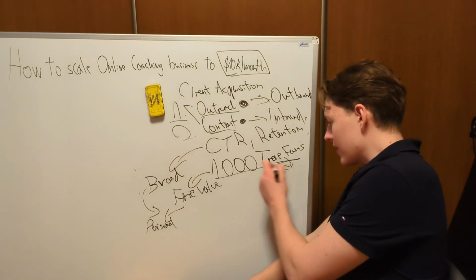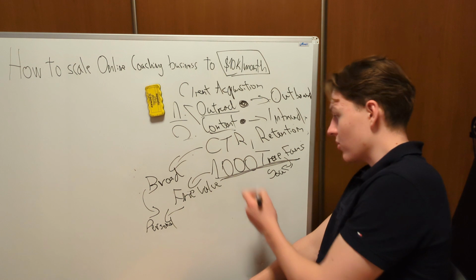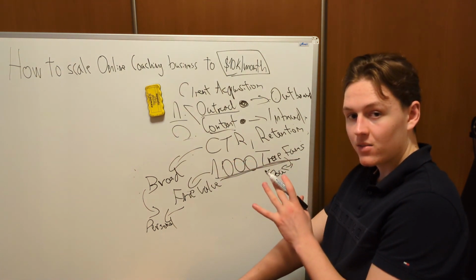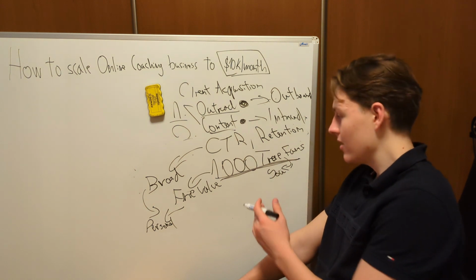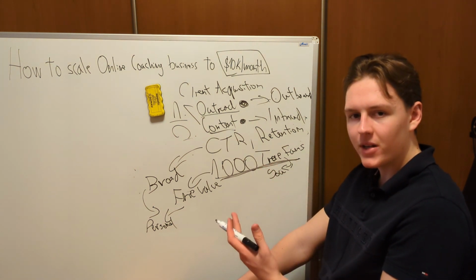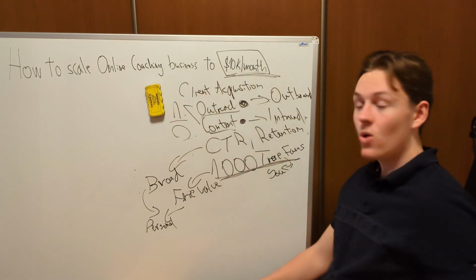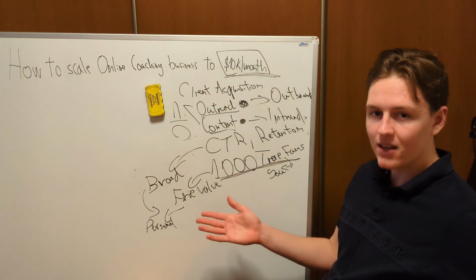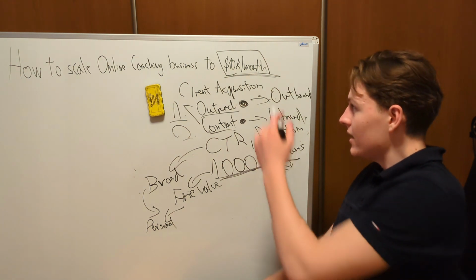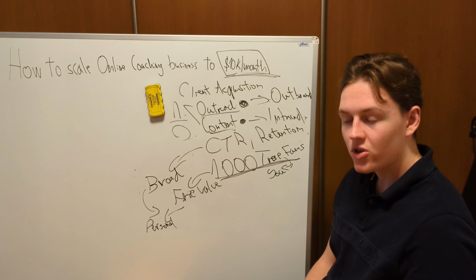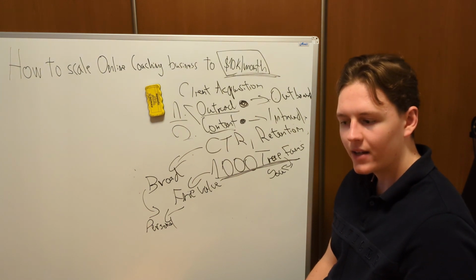So the 1,000 true fans is a really powerful concept. If those 1,000 people, even if they pay you $100 per year, you still get about $100,000 per year, which is not bad, which is almost $10,000 per month on average. If you are in the coaching business, the biggest problem is that in most cases you're just gonna sell a one-time thing, right?